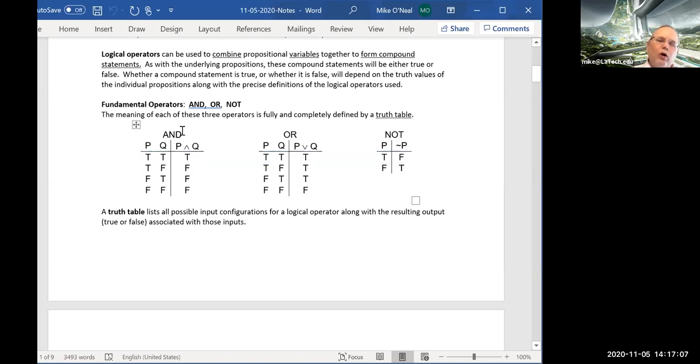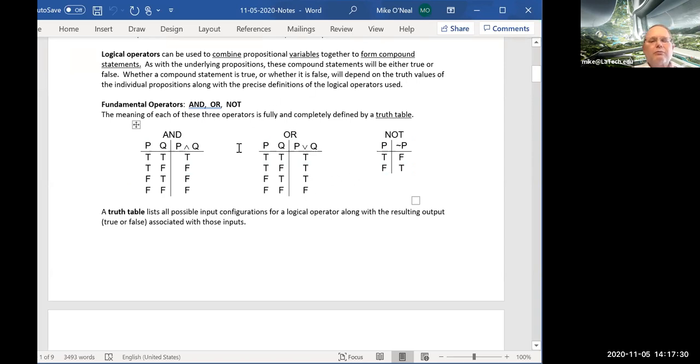So we've taken one word of English and defined it in a very precise way by listing out all of the possibilities for the two things that the and connects. Both of those things must be true for and to be true.